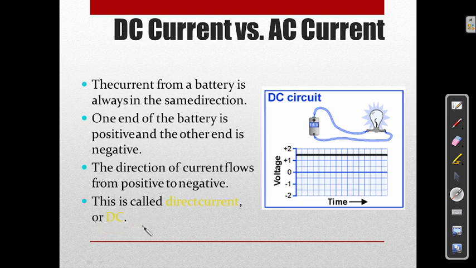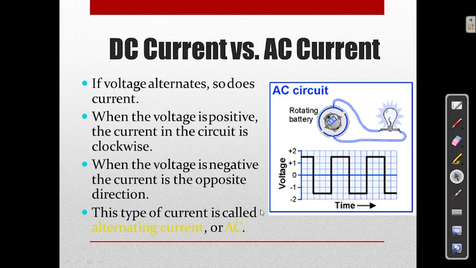Direct current is mostly used in batteries themselves. It is the minimum current used in our home or industry; there is less usage of direct current. We will use only AC current, which is alternating current. We'll see alternating current now.